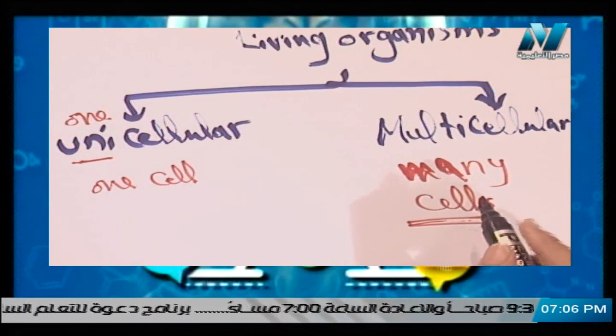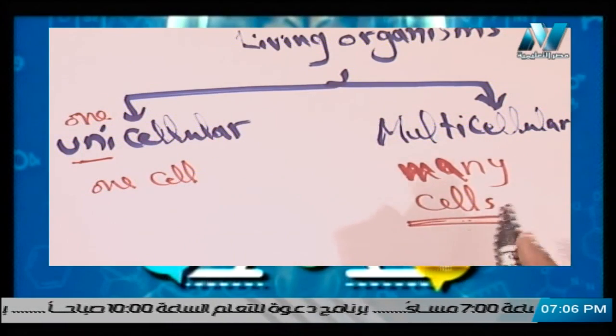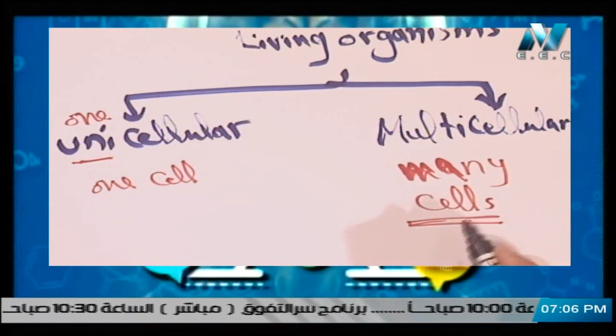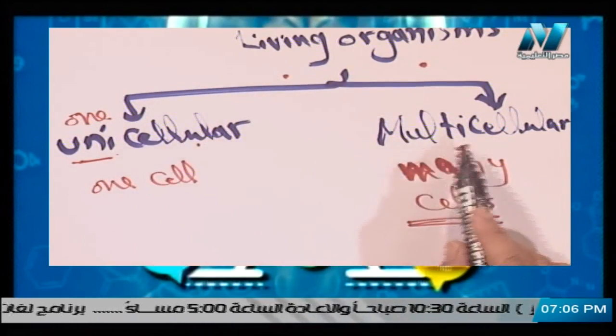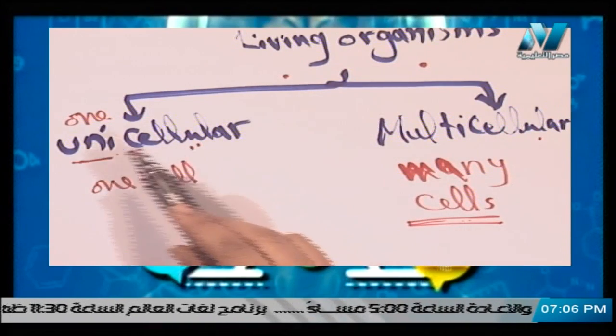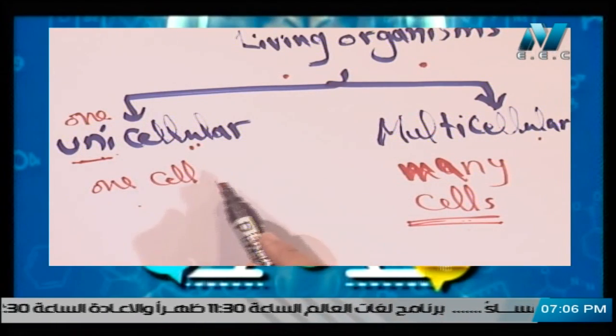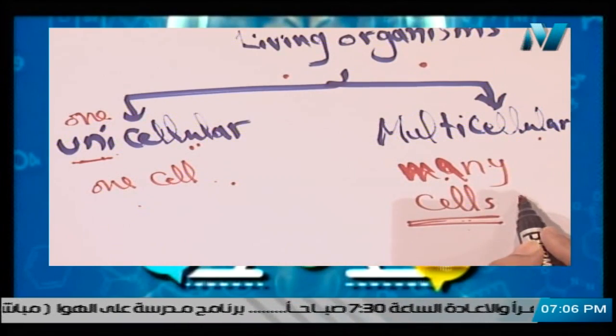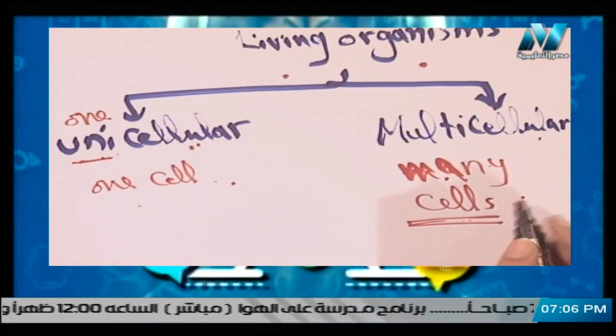Each group can make a specific function. يعني a group of cells can make feeding, a group of cells can make respiration. Okay? يبقى living organism two types, unicellular and multicellular. Unicellular is formed from just one cell and makes all activity, but multicellular has a group of cells or many cells with the ability to carry out its function.